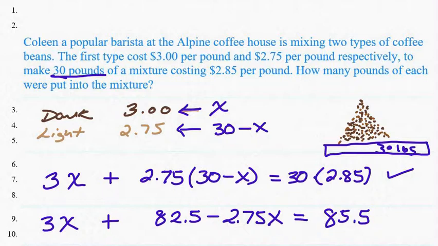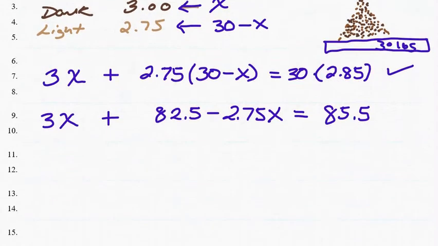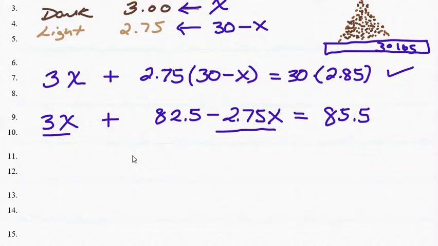Alright. So now what we want to do is collect up our like terms. We have 3x minus 2.75x, so that's going to be a difference of 25 cents. So that's going to be 0.25.